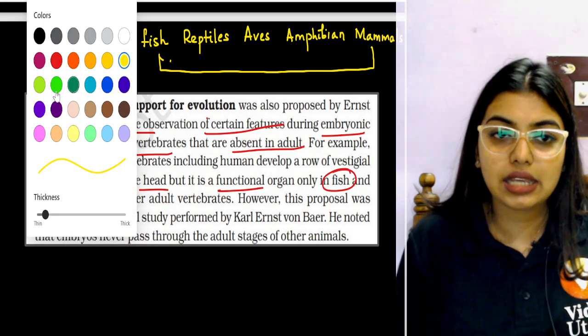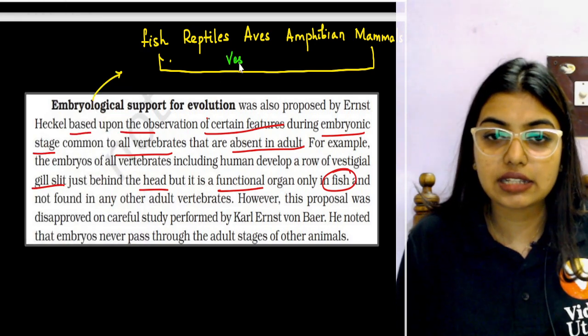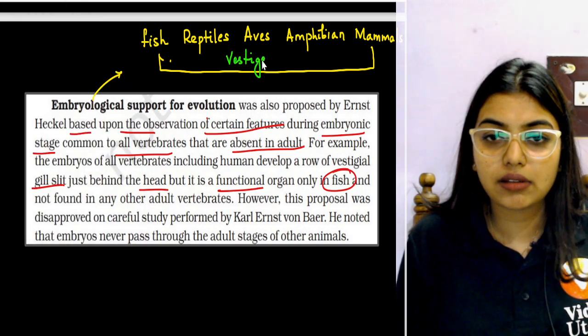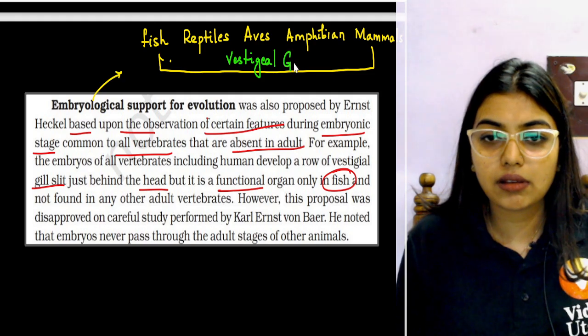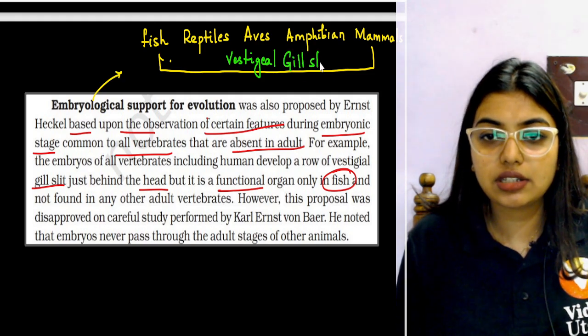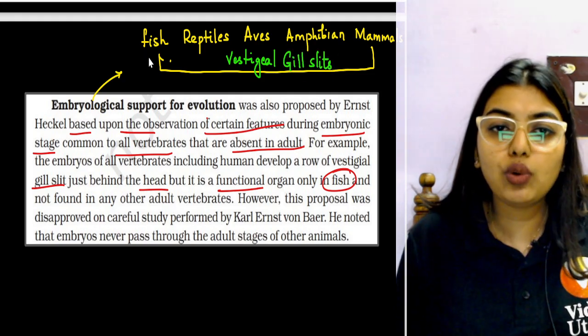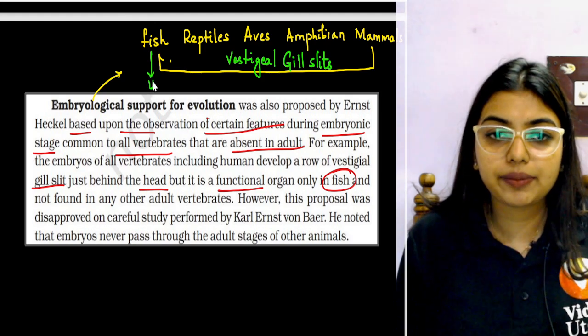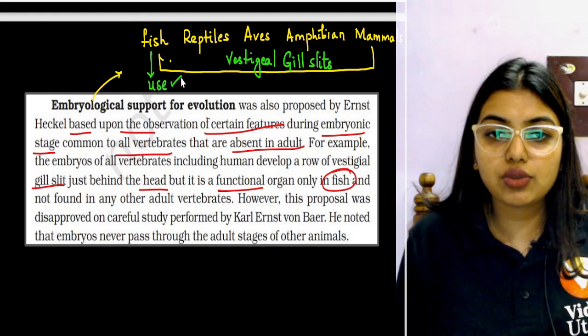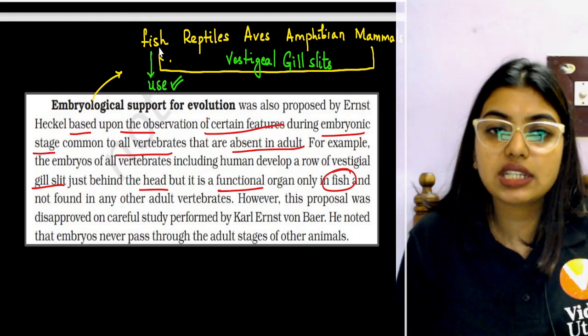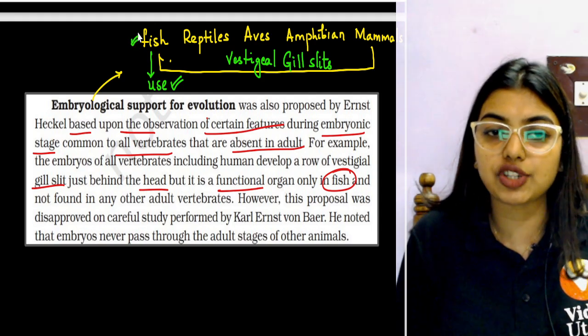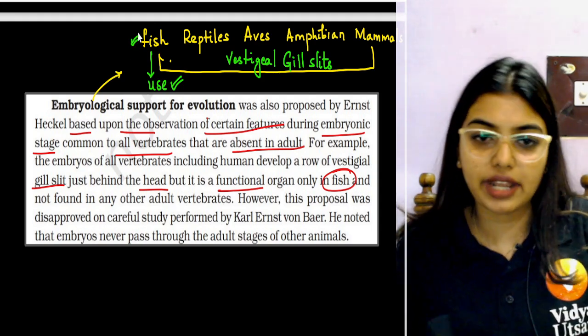Gill slits, vestigial gill slits. Maybe in the larval stage, but only fish kept using it. So this vestigial gill slits is now only present in fish, not present in any other organisms.